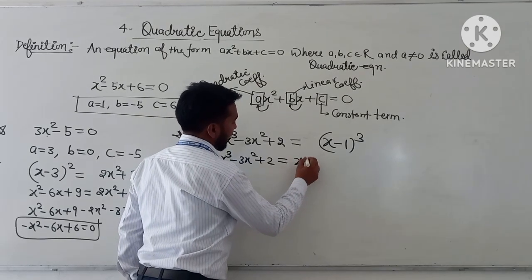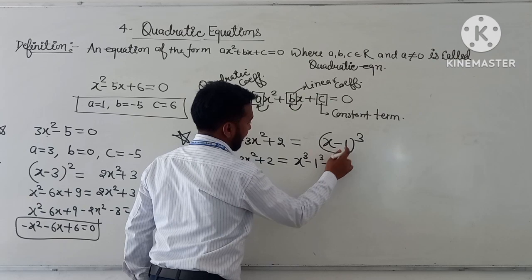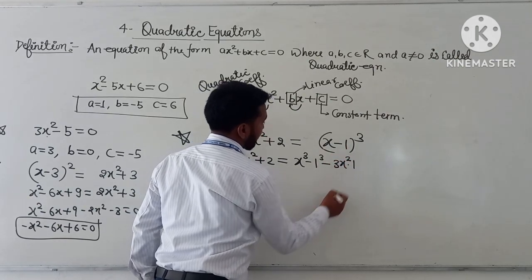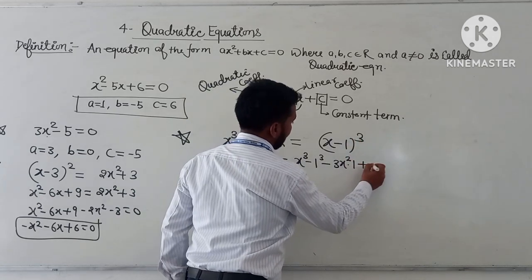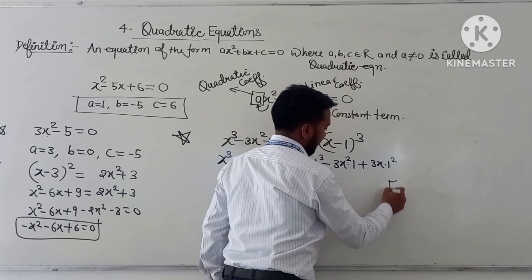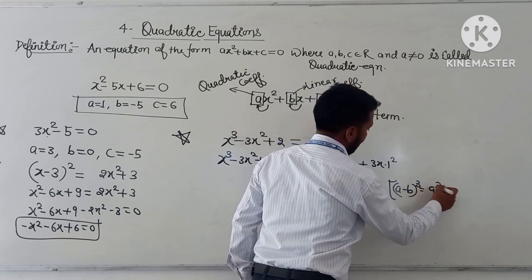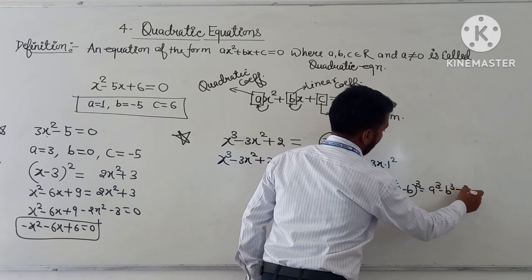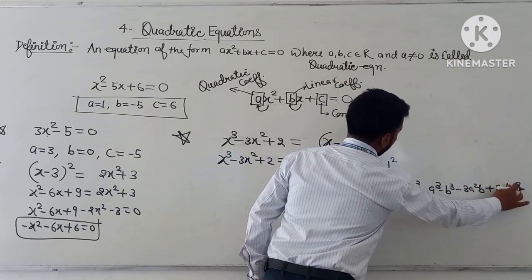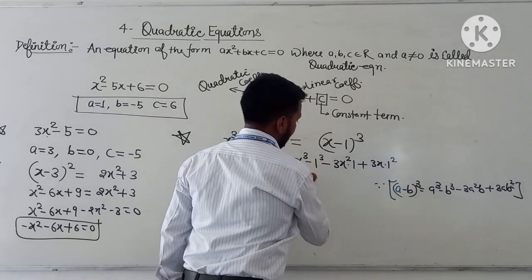So you will write x cube minus 1 cube minus 3x square into 1 plus 3x into 1 square. You know very well about these things: (a minus b) whole cube is a cube minus b cube minus 3a square b plus 3ab square. If you apply this formula to this one, you will get these things.